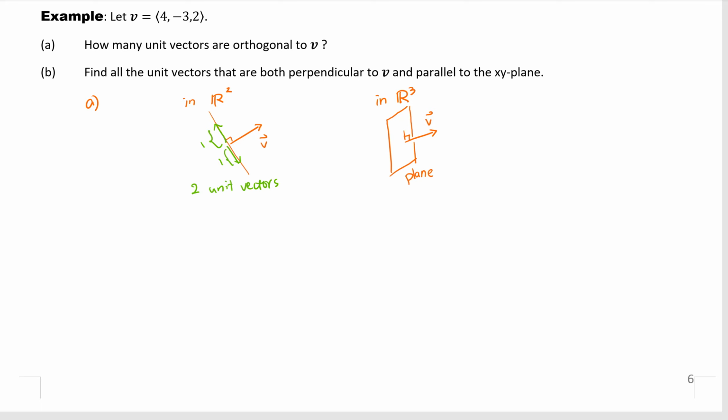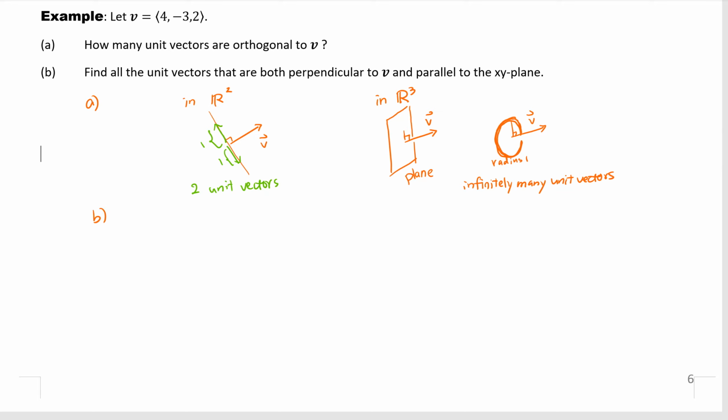If we just consider the unit vectors, it will give us a circle with radius 1. How many unit vectors are there on a circle? Still infinitely many. So far, so good, everybody? So the answer in this case is infinitely many unit vectors are orthogonal to v.